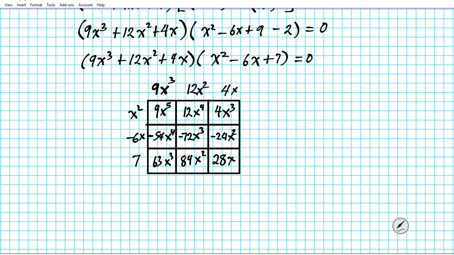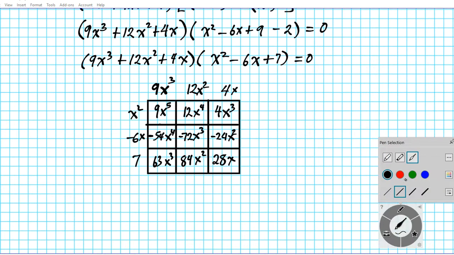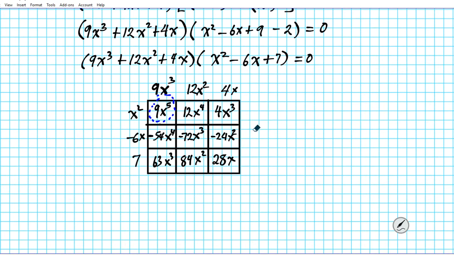So, what are we going to get? Let's start with the first one. We have 9x to the fifth power. This one is by itself, okay? There's nothing to combine this one with, so let's just bring that one down. So f of x equals 9x to the fifth power.